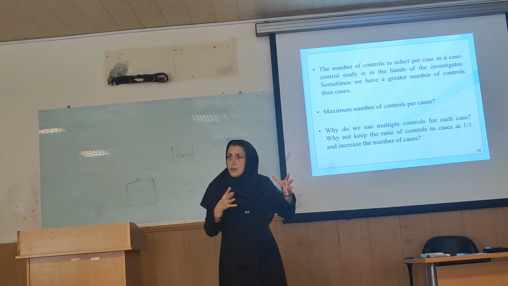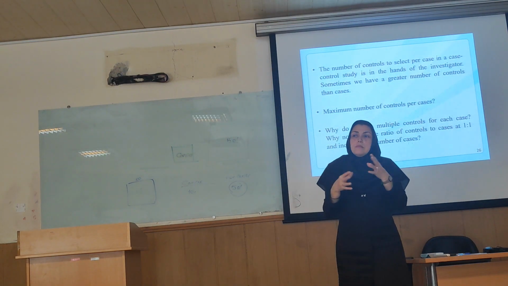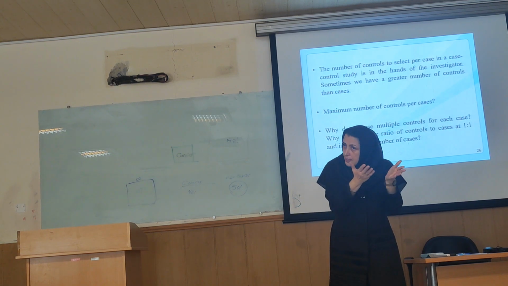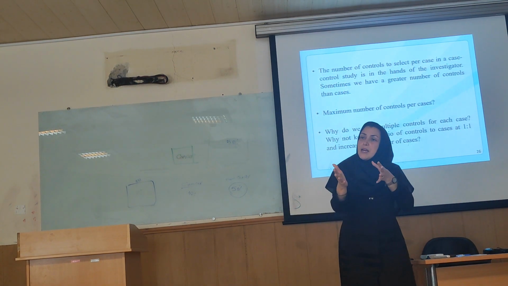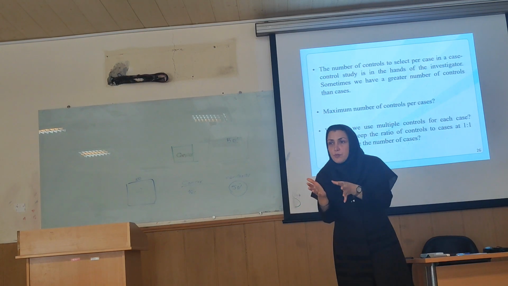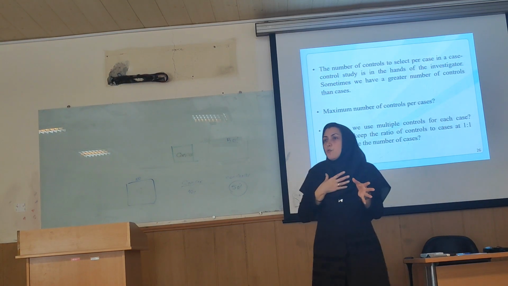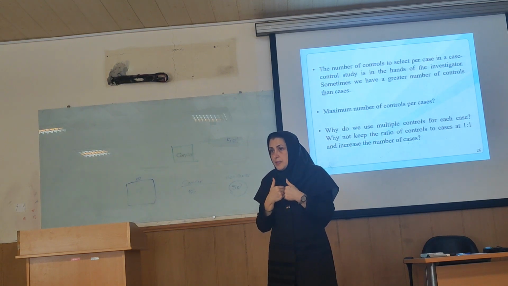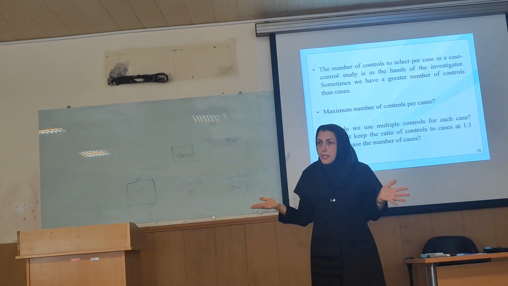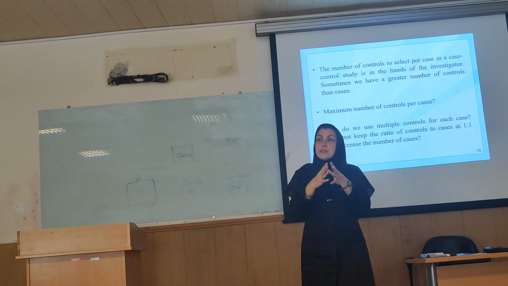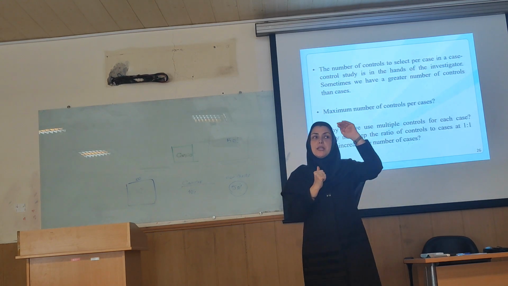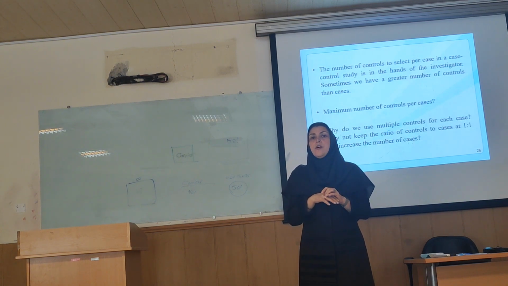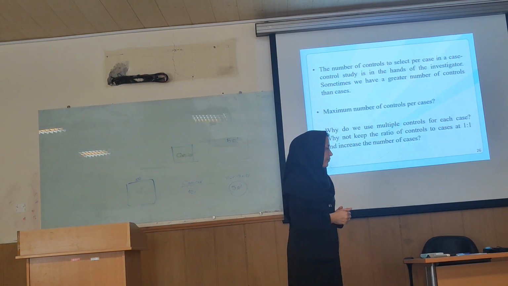Because cases are doing their measurements by themselves, because it is necessary for their treatment, for their diagnosis. But we should pay for controls ourselves. If we do not have enough money and we have access to more cases, we can increase the number of cases and lower the number of controls. Okay?